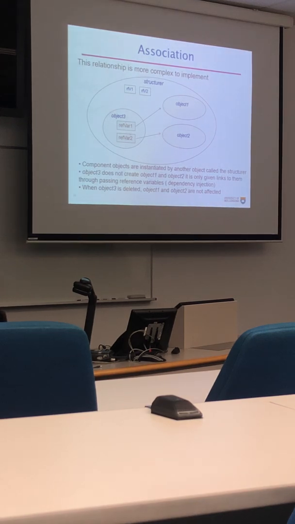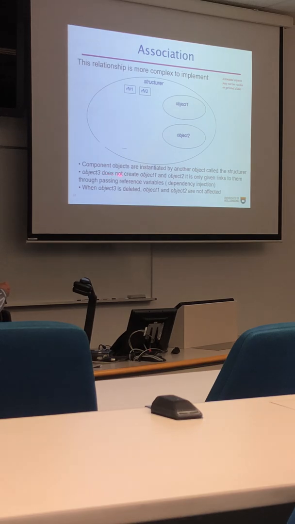And what happens if object 3 is destroyed? Object 1 and object 2 remain in the other container. So you can see that component objects are instantiated by another object, the structurer.